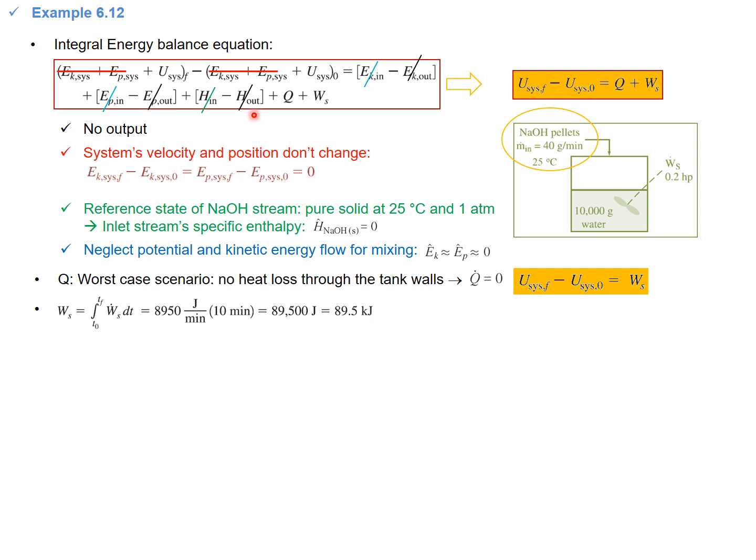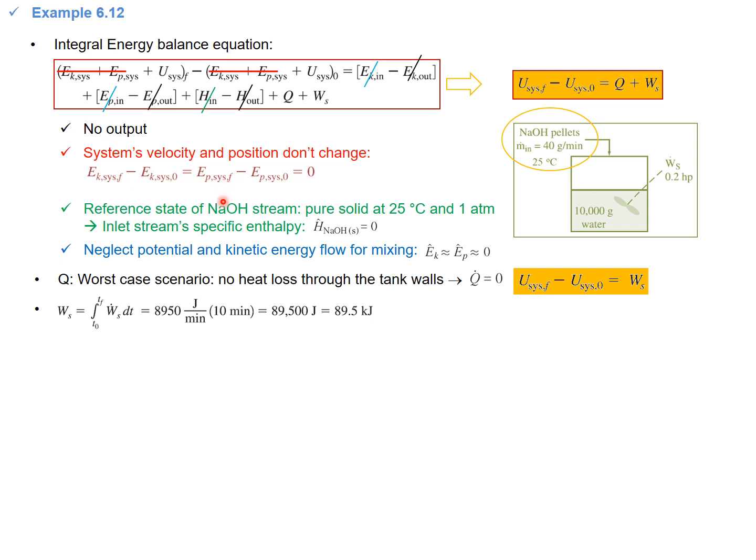So no output, so we could kill the output term here for the kinetic, for the potential, for the enthalpy. The system's velocity and position do not change. It means the final kinetic energy of the system is equal to the initial kinetic energy of the system. Also potential energy, the same thing.